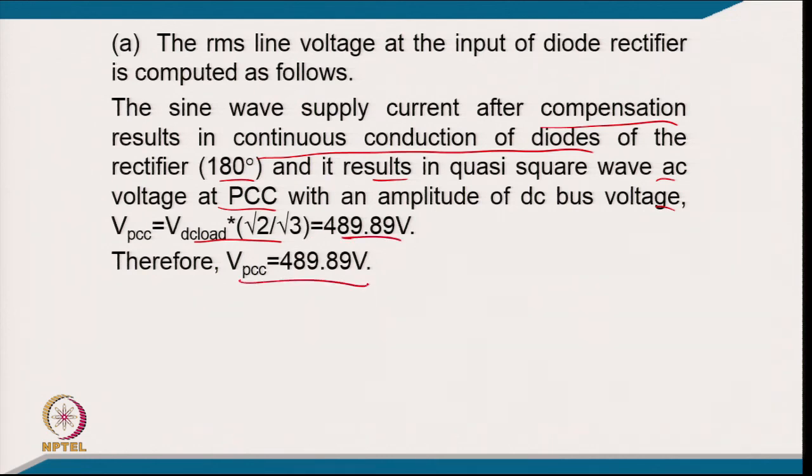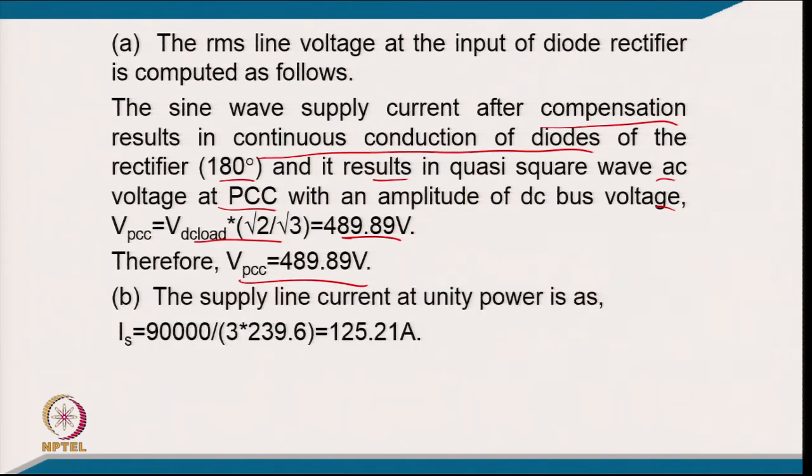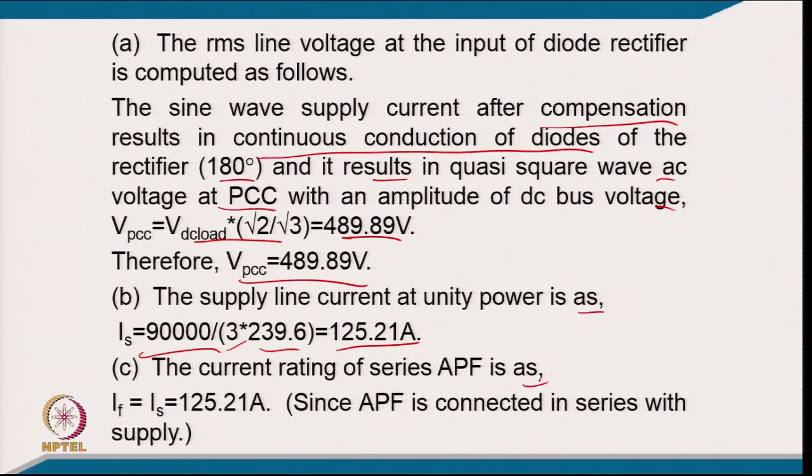So, VPCC is also 489.89 volt. So, the supply current at unity power factor we calculated: 90 kilowatt is the load, divided by 3 phase, unity power factor and the voltage 239.6. So, it is 125.21 ampere, and the current rating of the series active filter will be the same because it is connected in series. So, the filter current rating equals the supply current, 125.21 ampere, since the APF is connected in series with the supply.